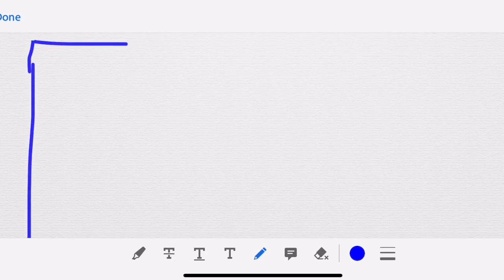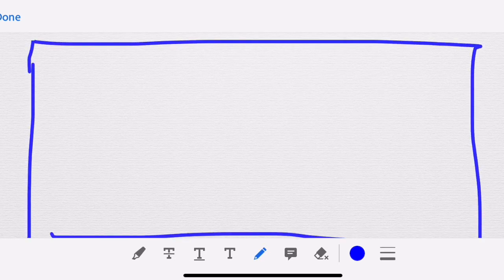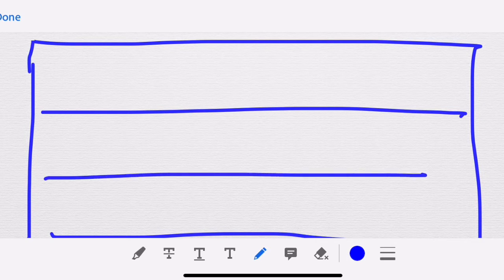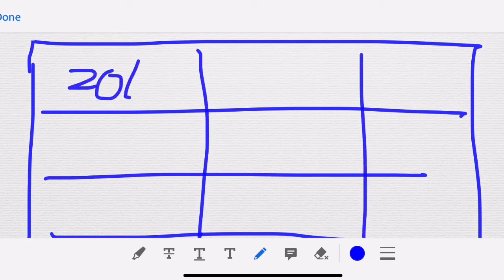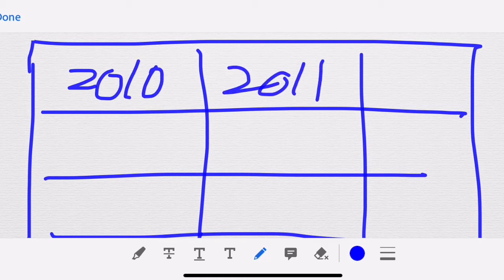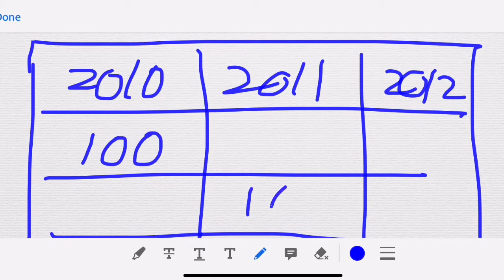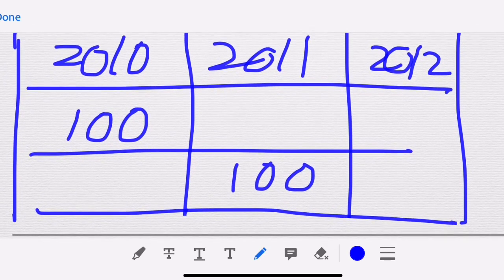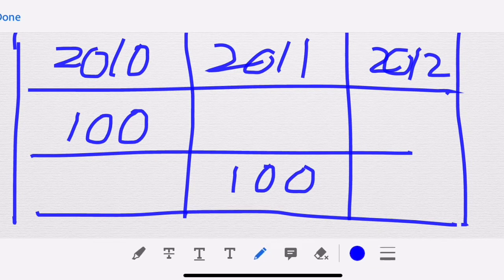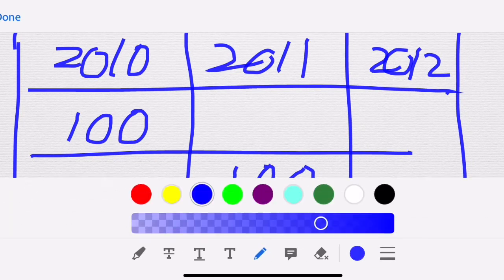And then one more method is what I call the table method. For the table method, you have to draw a table for sure. You draw a table like this, then you label accordingly. Normally, if 3 years, we have 3 columns. Let's say this is 2010, 2011, 2012. We will just put 100 for the base year. And then finally we will get the equation from this.